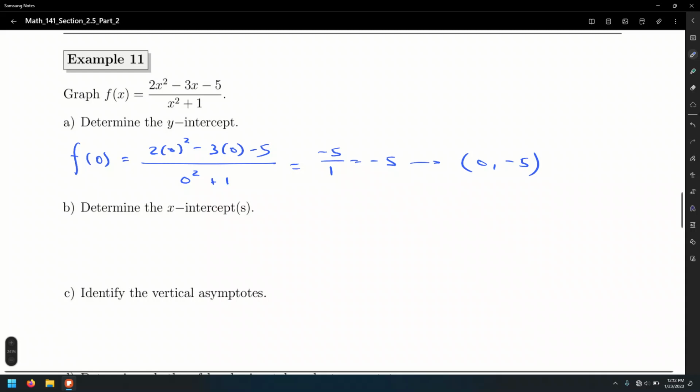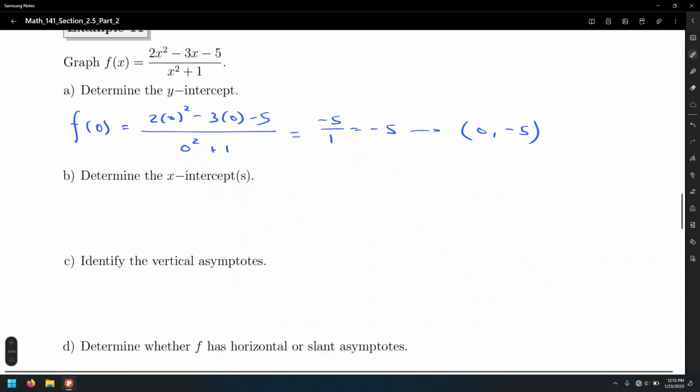And let's see what's next. Okay, finding the x-intercept. So notice for the y-intercept, we made x equal to 0. In the x-intercept, we're going to make y equal to 0 instead.